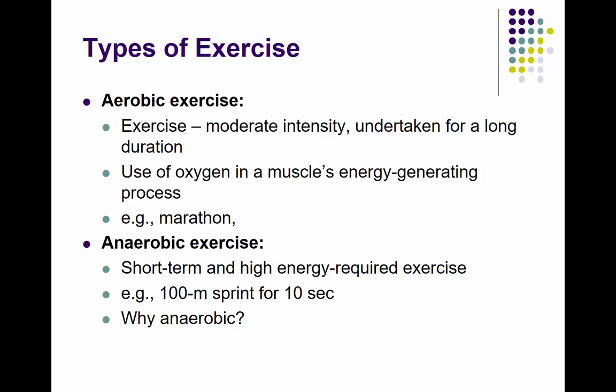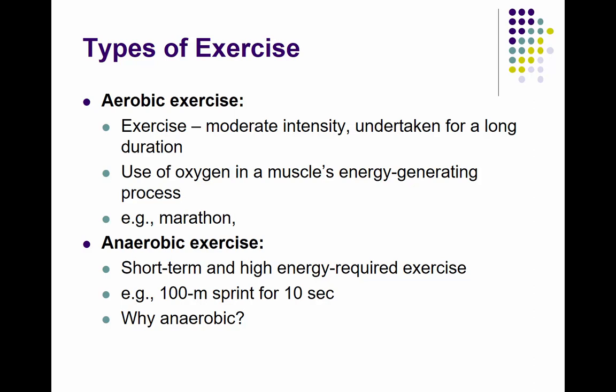The most important characteristic of aerobic exercise is the use of oxygen, so oxygen is needed. Both oxygen and mitochondria are needed for aerobic exercise. Only type 1 and type 2A fibers are able to do aerobic exercise because of their mitochondrial content.